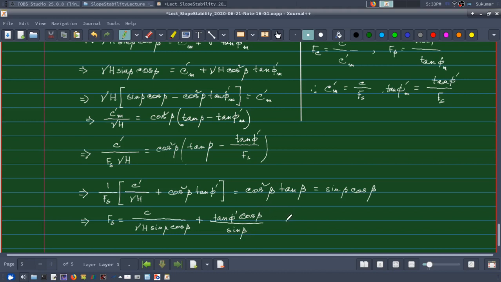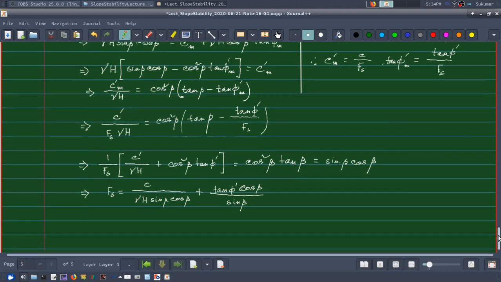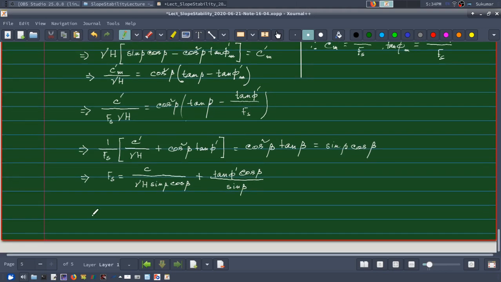So therefore I'll get, hence, the factor of safety for this infinite slope will be, if it is C phi soil, C by gamma h sin beta cos beta, or cos square beta tan beta, whatever way you like.